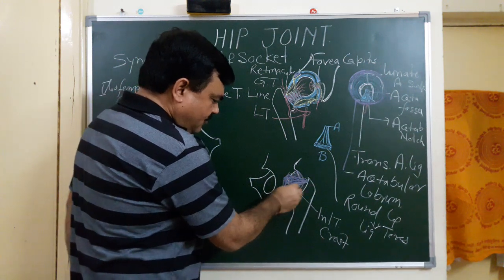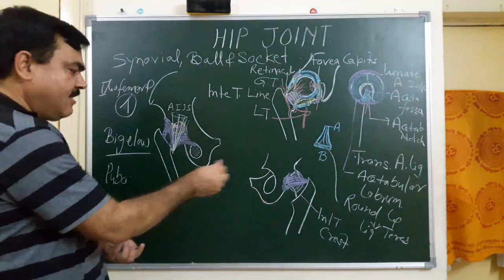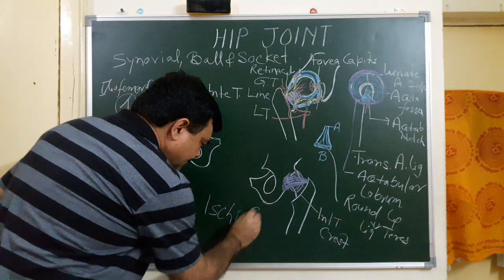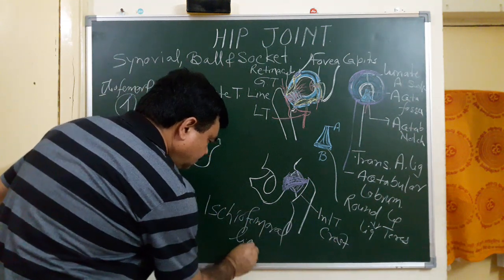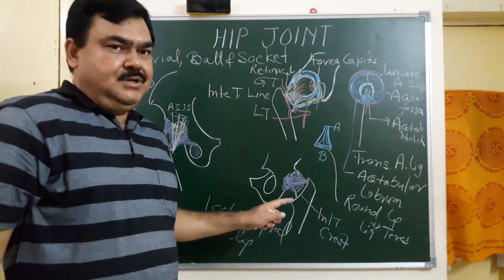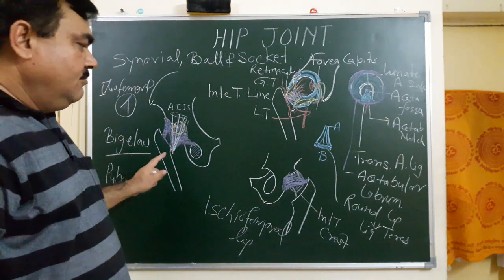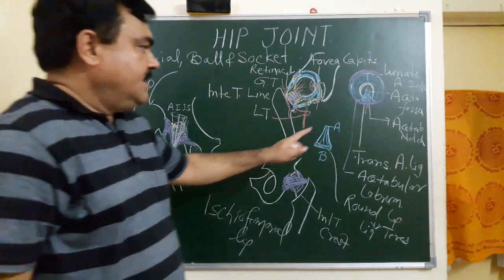This is the ischiofemoral ligament. It supports the joint from the posterior side. So these are three ligaments which give support.